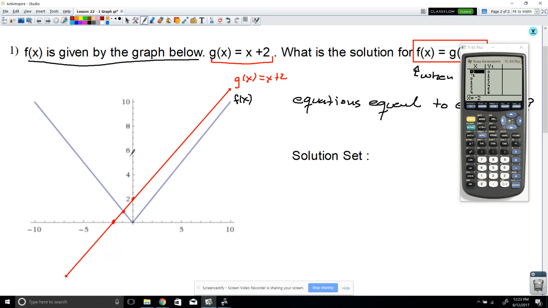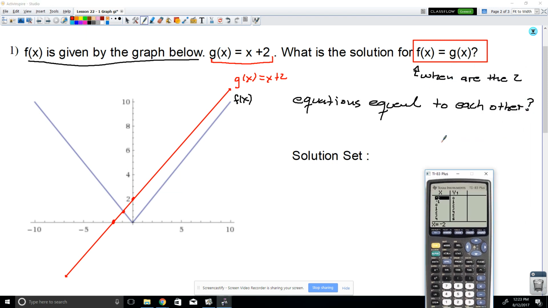Okay. So now, can we answer the question now? When are the two equations equal to each other? Well, pretty much they're asking us when do they intersect, and you can see clearly that at this point is the intersection, or what we're going to call our solution here.